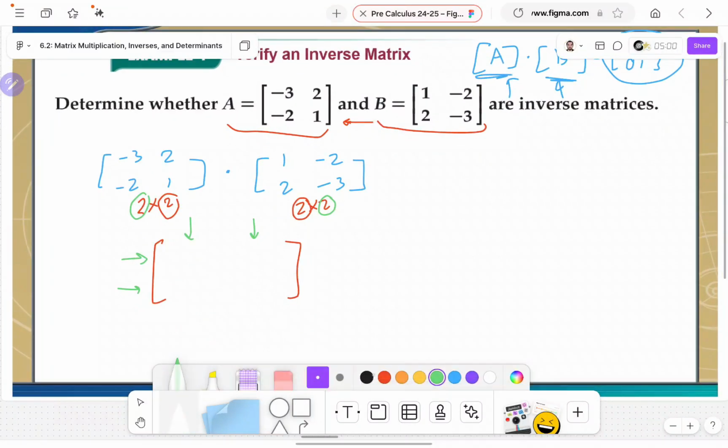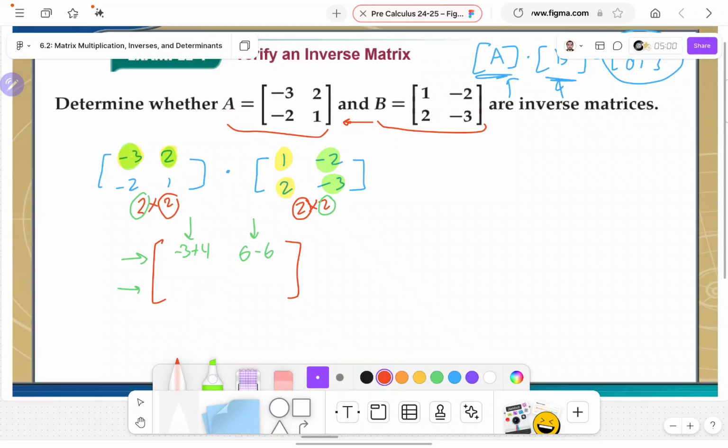So now let's multiply every single row with every single column. So negative 3 times 1 is equal to negative 3, plus 2 times 2, which is 4. Then negative 3 times negative 2, which is 6. Then 2 times negative 3 is negative 6.